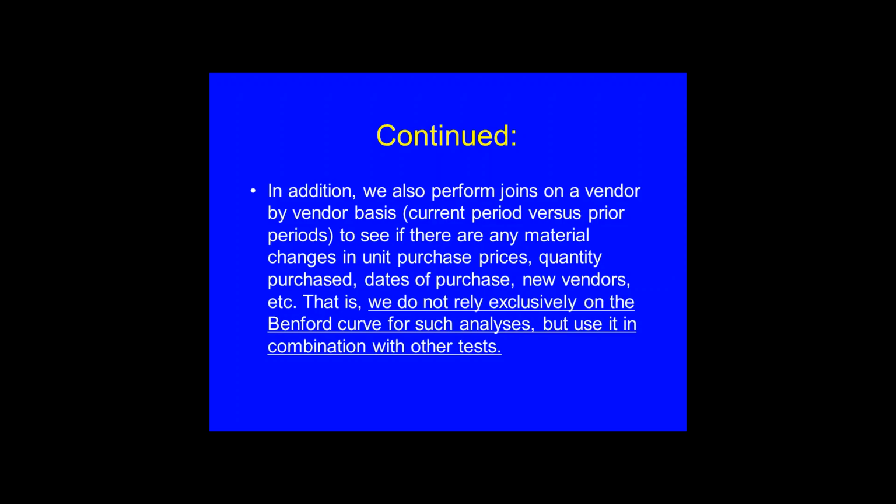If your cost is $10, but your average sales price is, say, $5 for a large percentage of the population, you should go back and look at your obsolescence reserves. So again, we tend to think of the Benford curve holistically with everything else we're doing within IDEA.